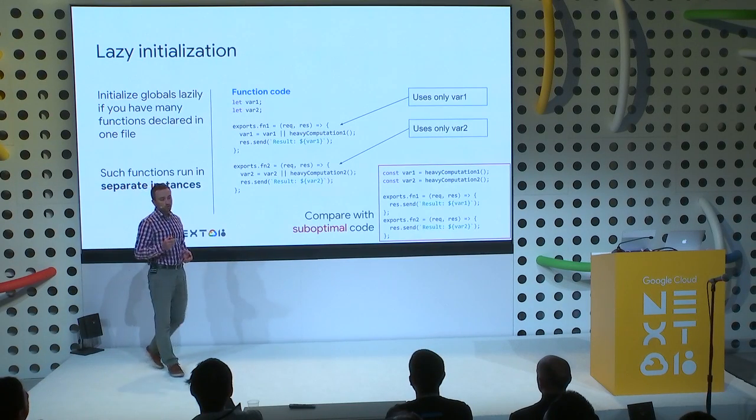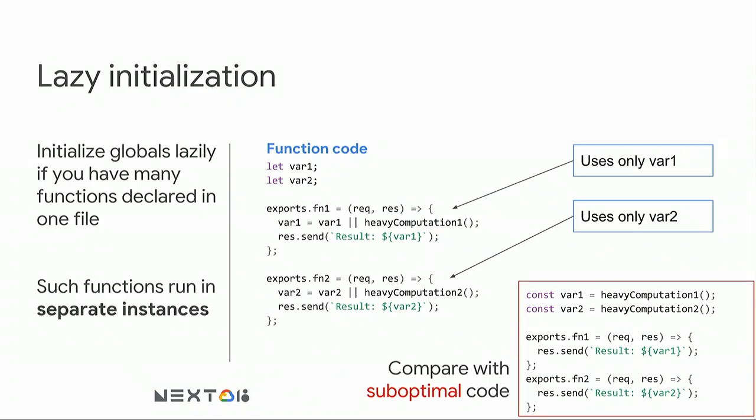This is especially important if you declare several functions in the same file, which you can do. Many people do, and everyone that uses Firebase probably did that, because this is the common way Firebase functions are written. If you do that, you have to know that every function runs in a separate set of instances.